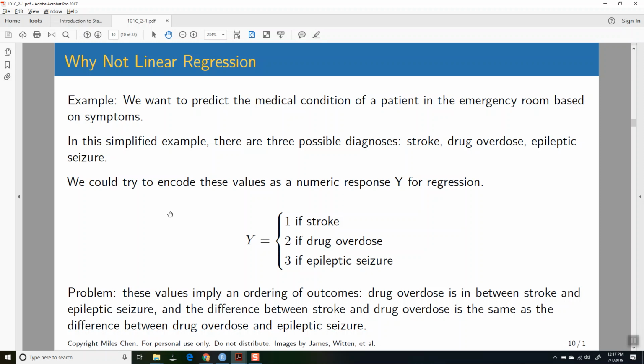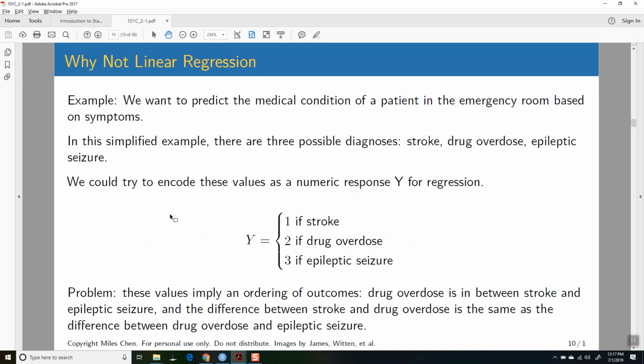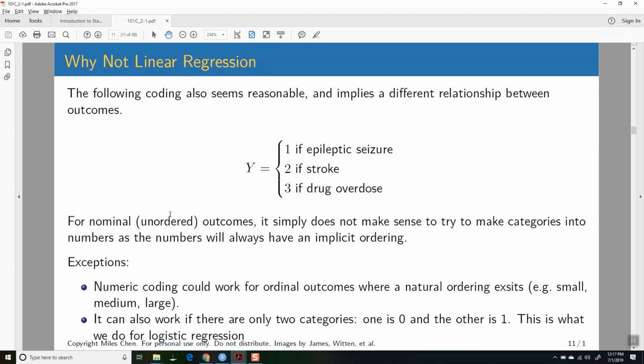Somebody else could take the same data and say, I want to order it this way. I want 1 to be epileptic seizure, 2 to be a stroke, and 3 to be a drug overdose, okay? Is there anything wrong with this? Well, if the first ordering is valid, then this seems just as valid, okay?